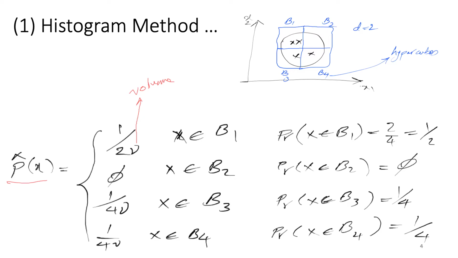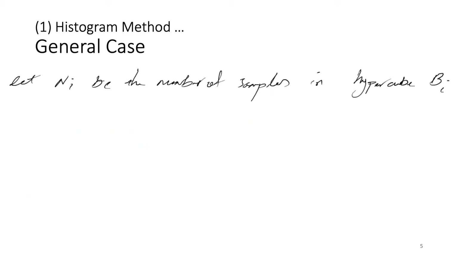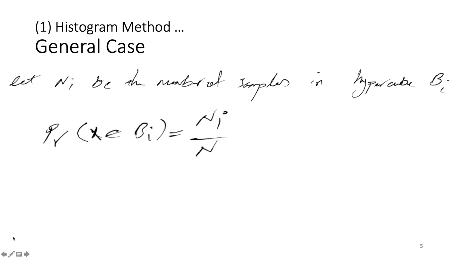All right, let's see if we can expand this to a general case and have a definition for that. Let Ni be the number of samples in each of those hypercubes. In our previous example, the total was 4.